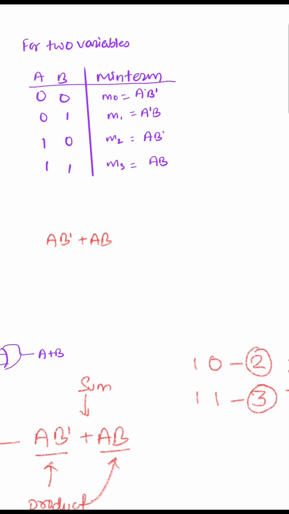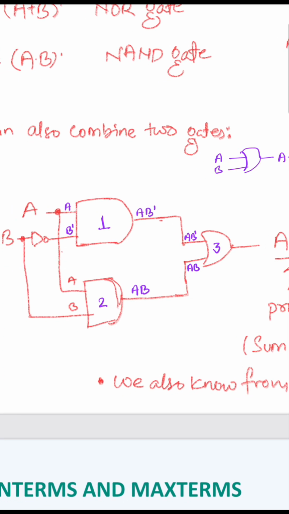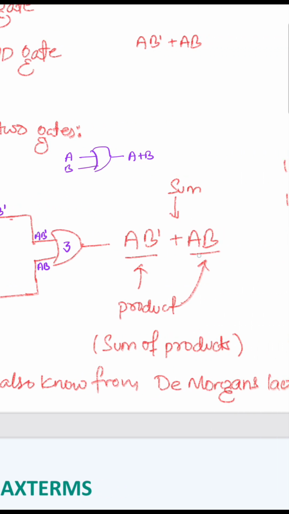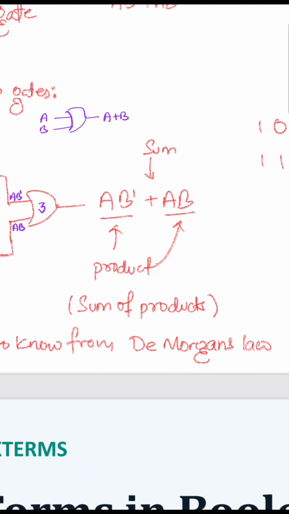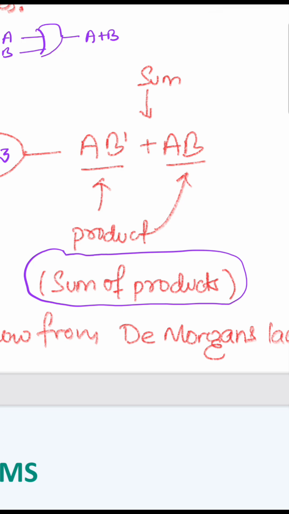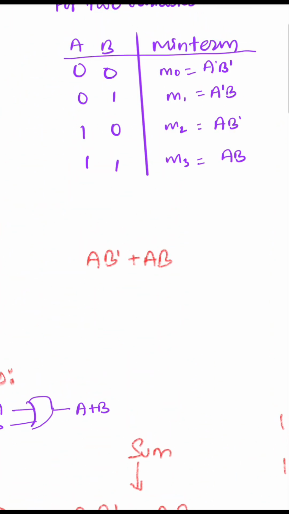Now let's write the minterm for our previous gates. For this circuit, the output was A B complement plus AB, and this is in sum of products form, right? This is in SOP form, and for SOP we can write minterms.